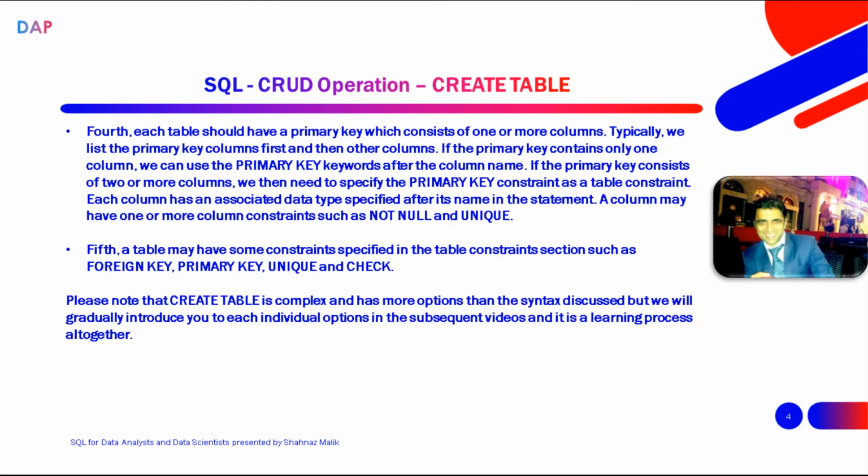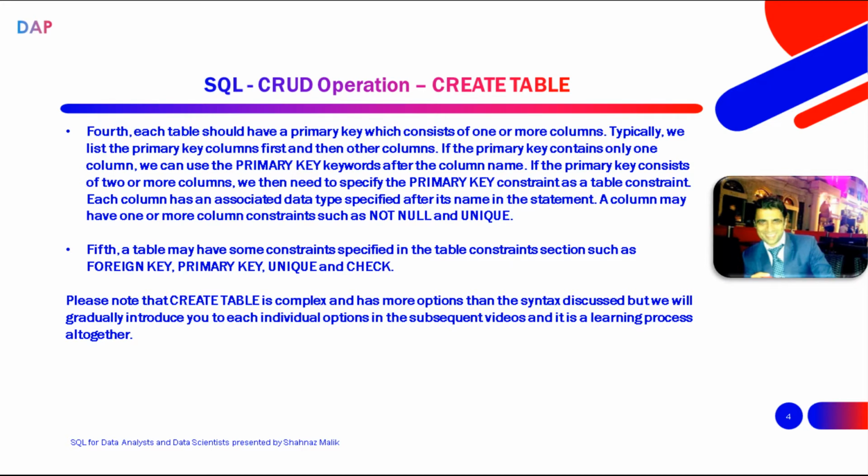Now, if the primary key contains only one column, we can use the PRIMARY KEY keywords after the column name. And if the primary key consists of two or more columns, we then need to specify the primary key constraint as a table constraint. And each column has an associated data type specified after its name in the statement.